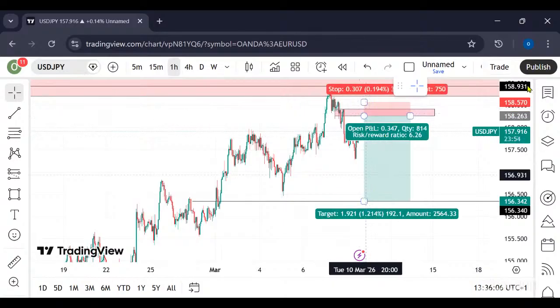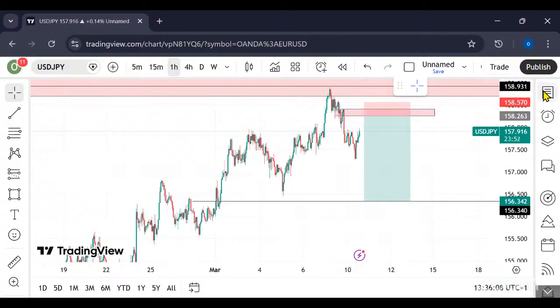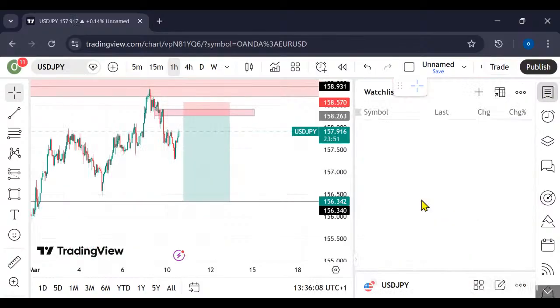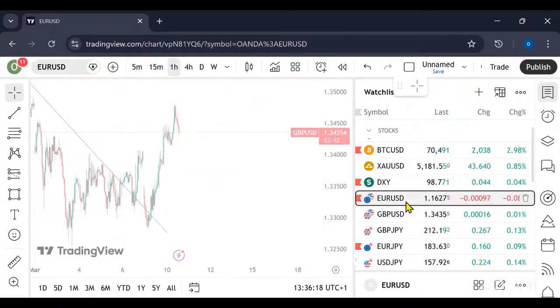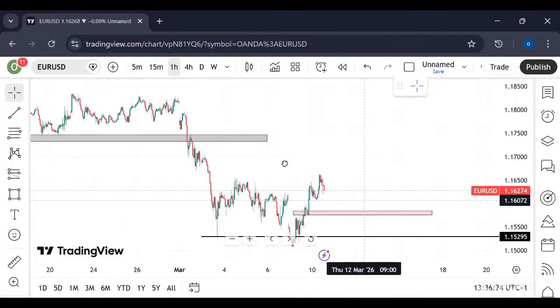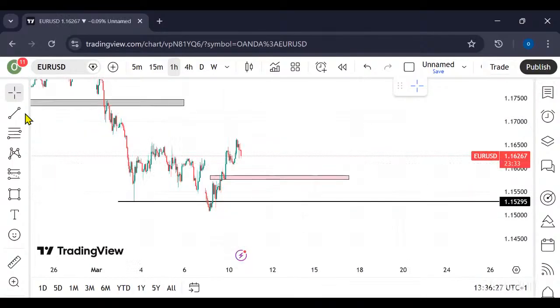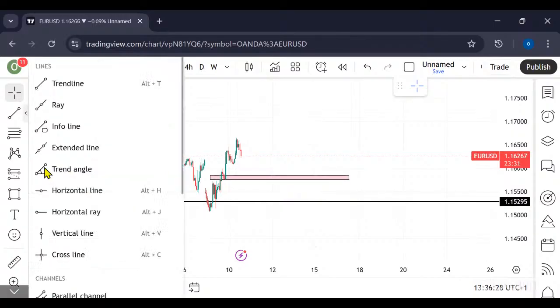And I also have a trade setup on Euro USD.